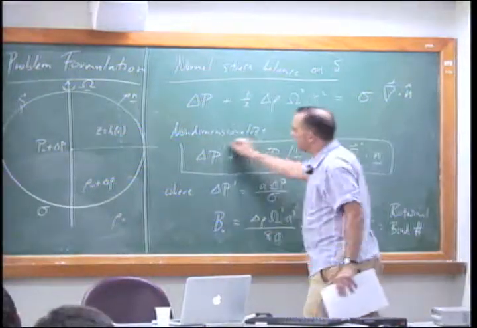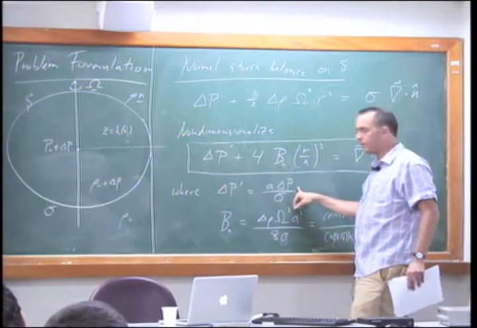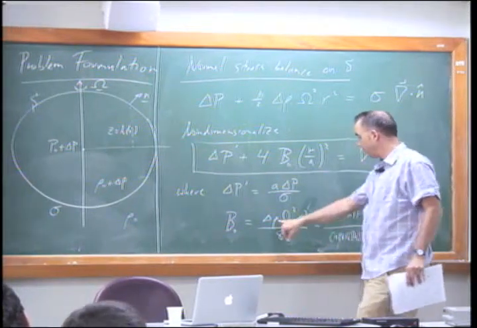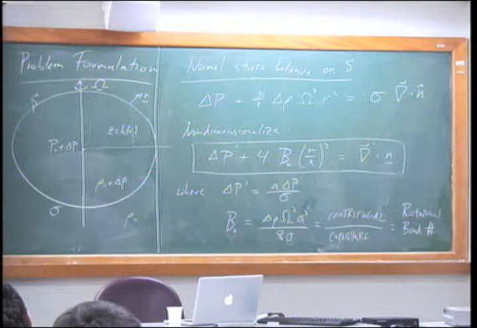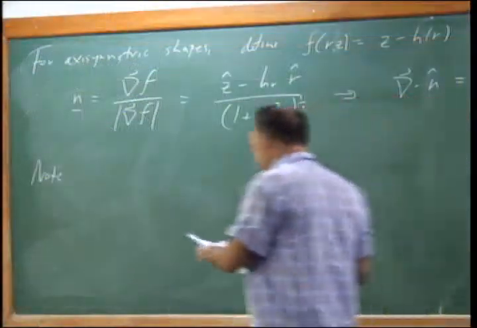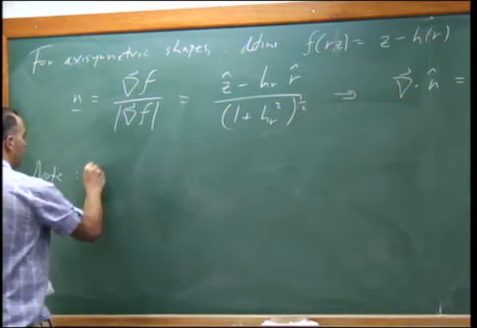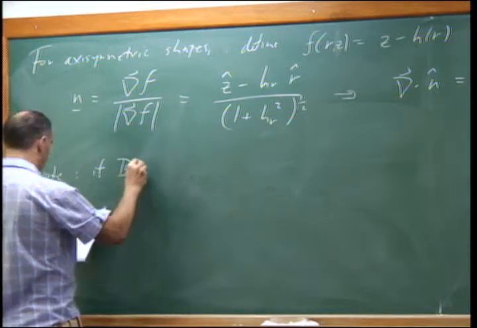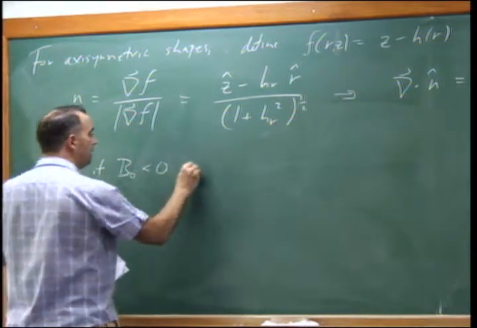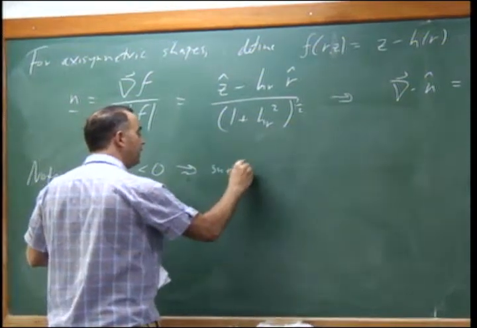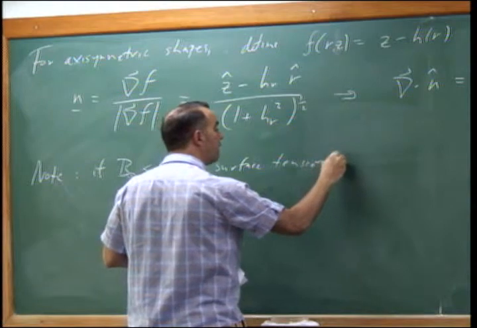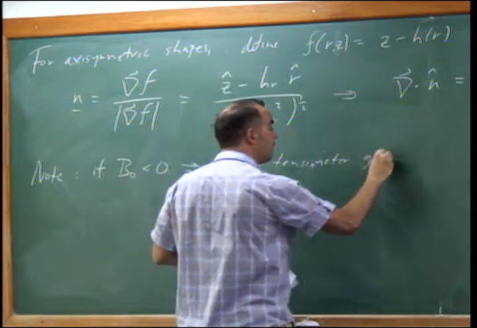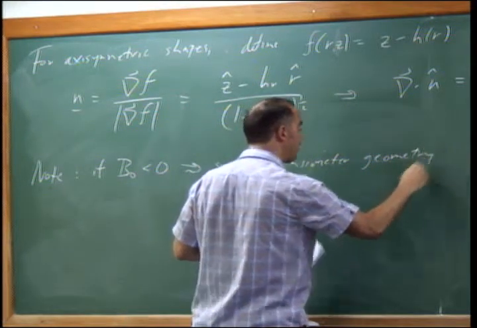And by changing the sign, so by making the fluid heavier or lighter, relative to the ambient, you can change the sign of the rotational bond number. So then we have the surface tensiometer geometry, where we have a light drop spinning in a heavy fluid.